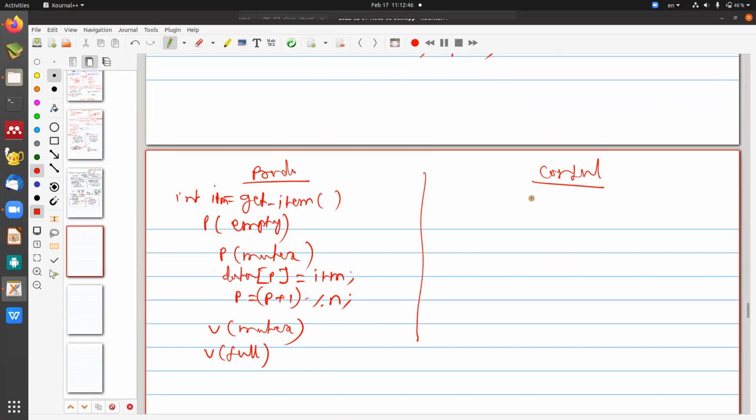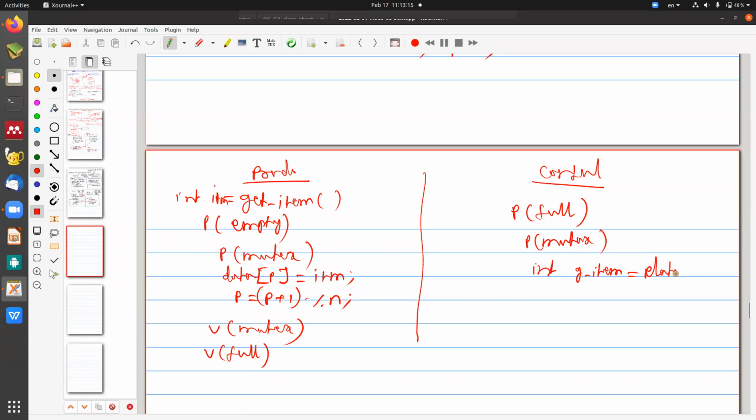Similarly, on this side you directly make a P of full, then P of mutex, then you have to get the data. Get the data means int item equal to data of, can anybody help me what I have to write?